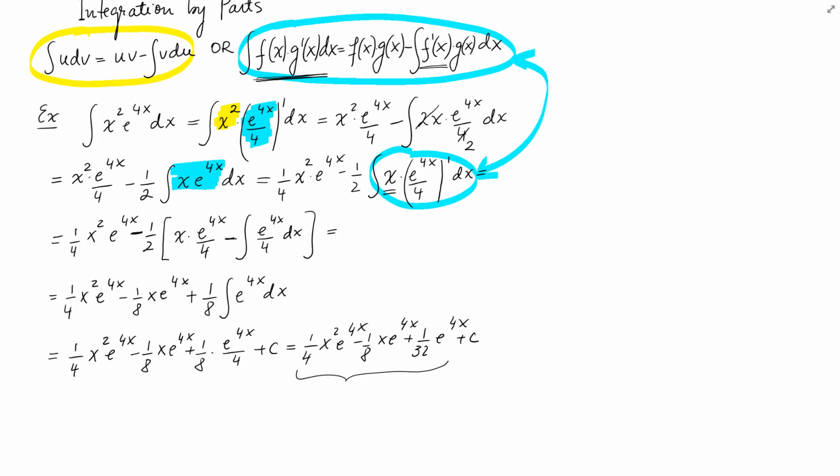And why we choose e to 4x as our g prime, basically, is because if we chose x to the second, the antiderivative would be x to the third over 3, which would make it a more complicated integral. I hope this helps.